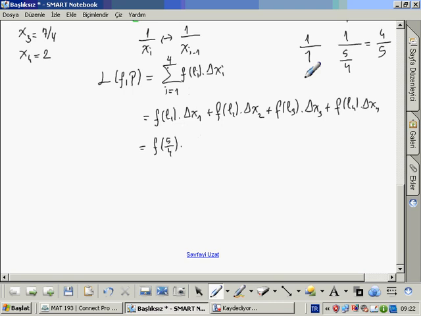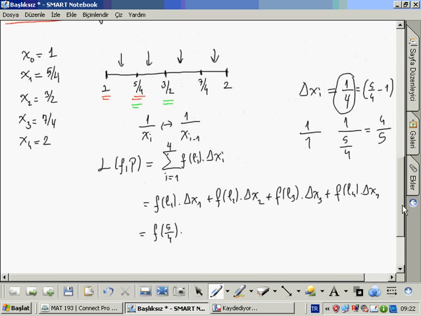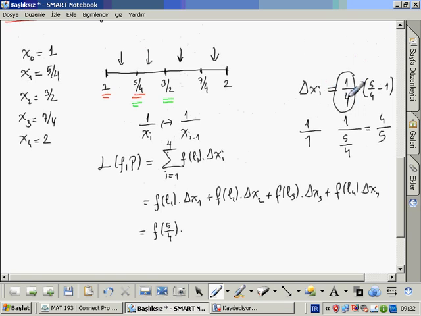What is delta x1? We said that delta x1 is 1 over 4, because we have equal intervals, so all of the delta xi's will be 1 over 4.